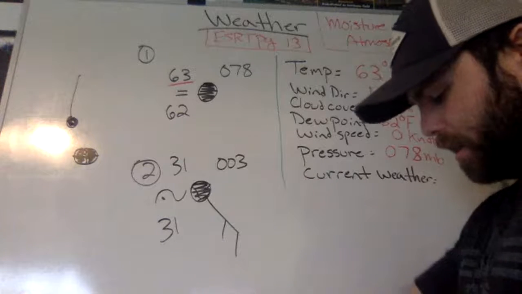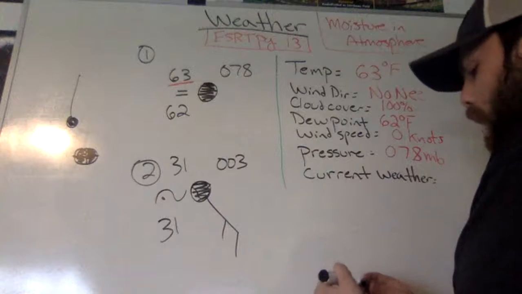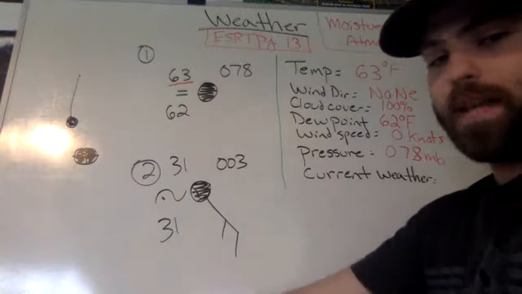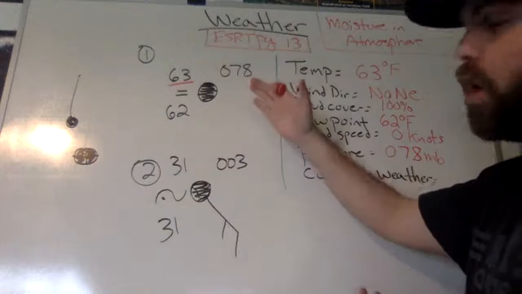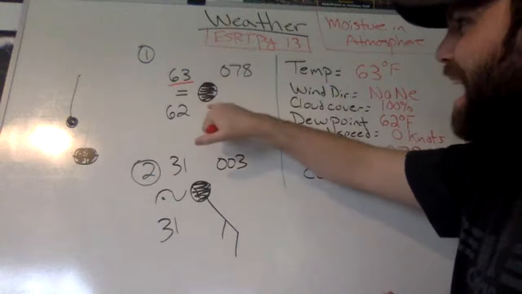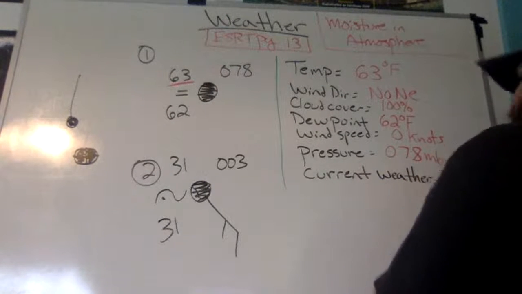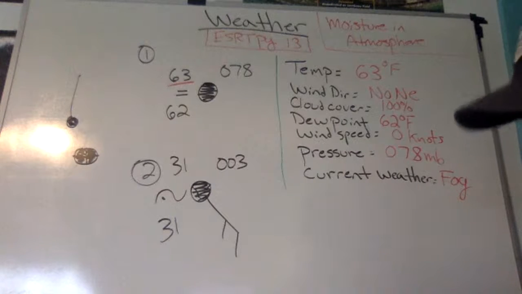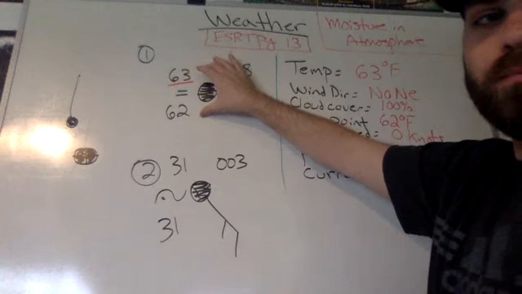When I look at it, I see it says fog. So that means that if you were to go outside at this station, there is no wind, it's 63 degrees, and there is a lot of fog. That is the present weather for number 1.